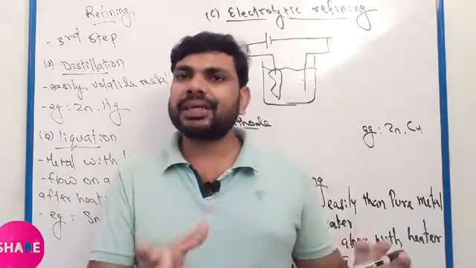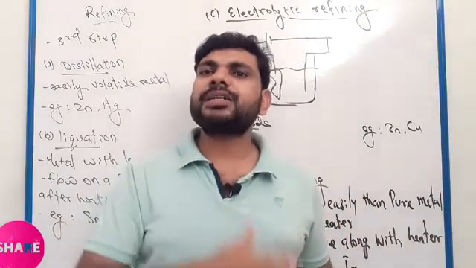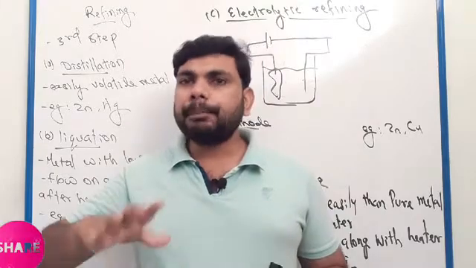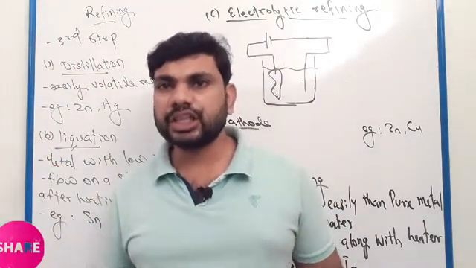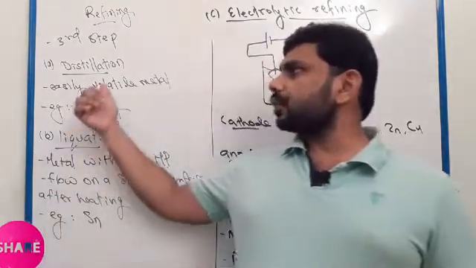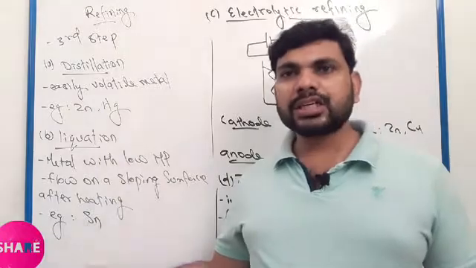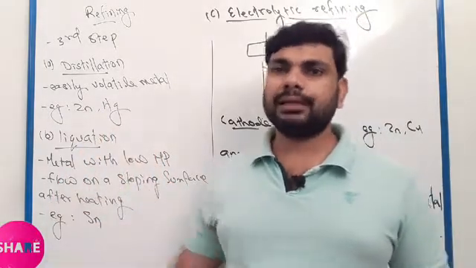This melted metal can be collected at the lower part of the sloping surface, and the impurities will stay on top of the surface without any changes. The previous one, distillation: zinc and mercury. Liquefaction: tin.